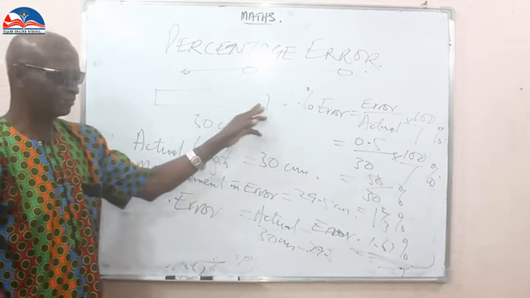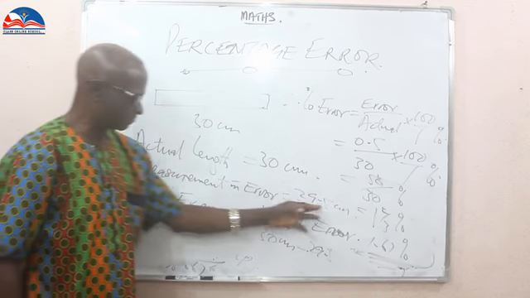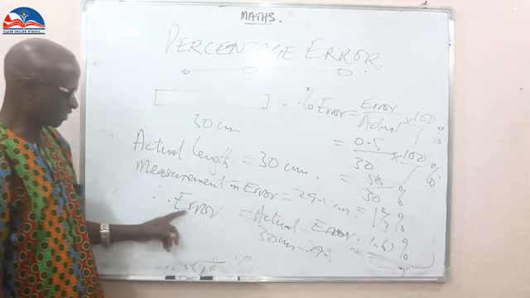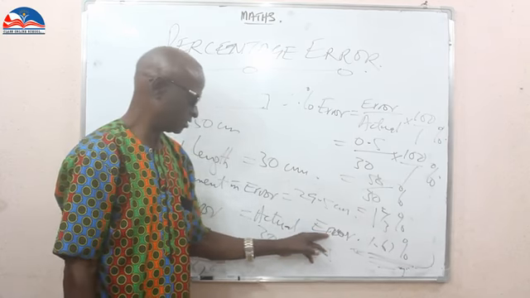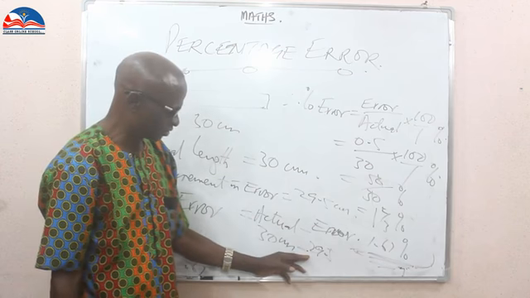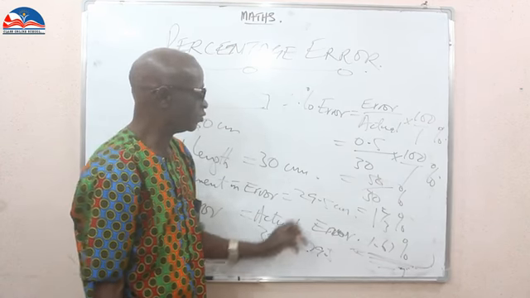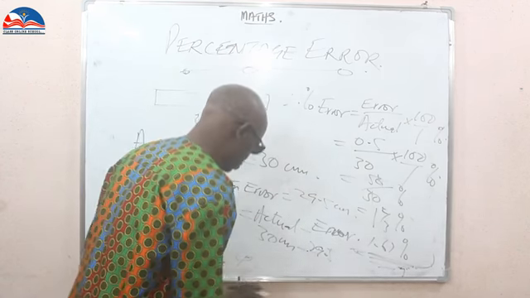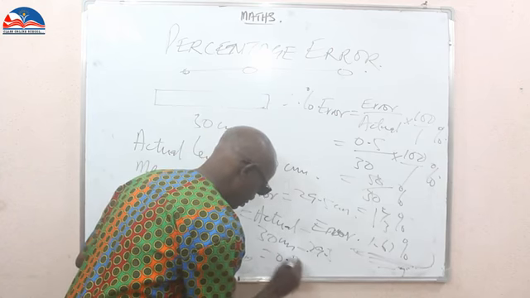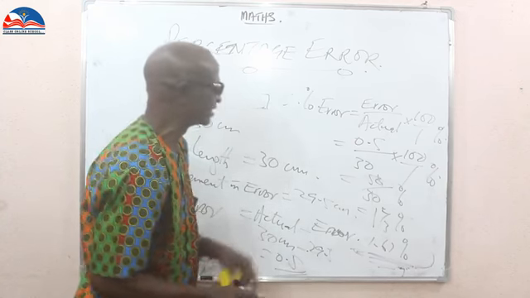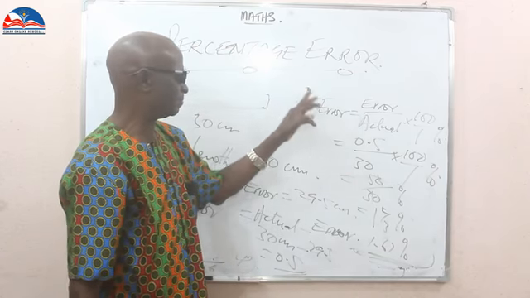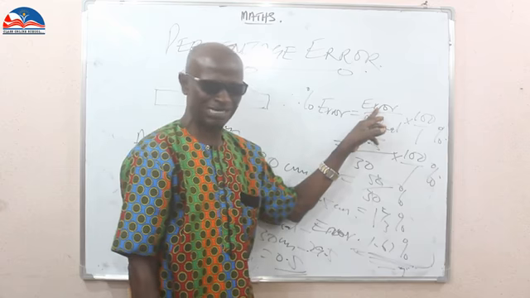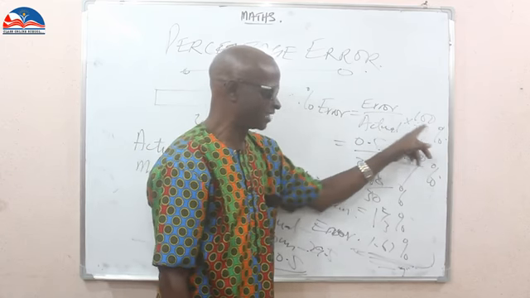The length of 30 cm was measured in error at 29.5 cm. What is the error? The actual, 30, minus what you got in error, 29.5. Your error is 0.5. Now convert this error to percentage. Percentage error equals the error, that mistake, over what is supposed to be, times 100 over 1.